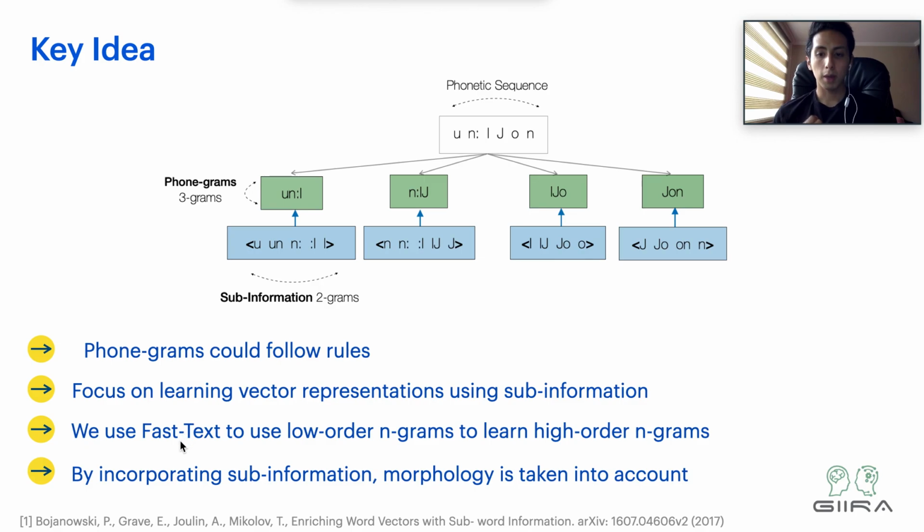So we do this using FastText, that is a library developed by Facebook to learn these embeddings using subword information. So in this way, we are using the morphology of the phonogram to make better representations for this task.